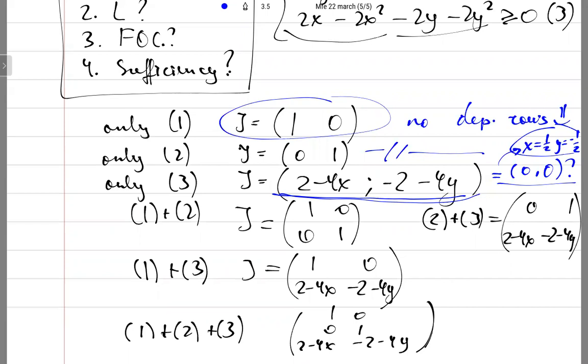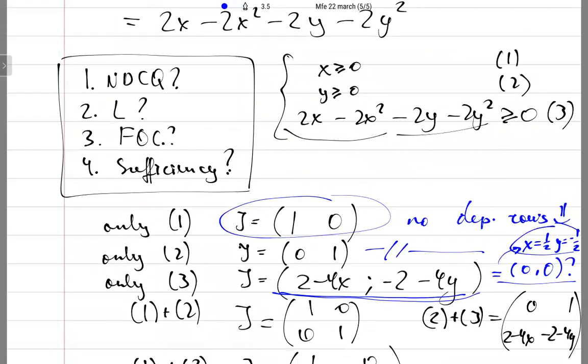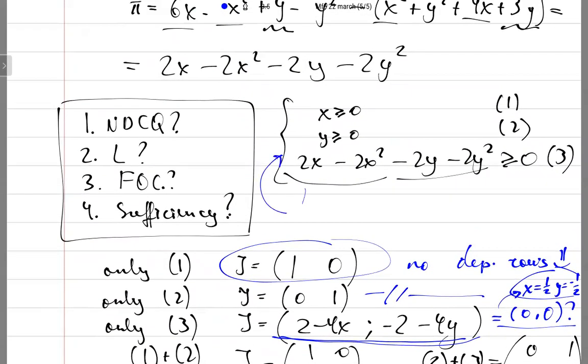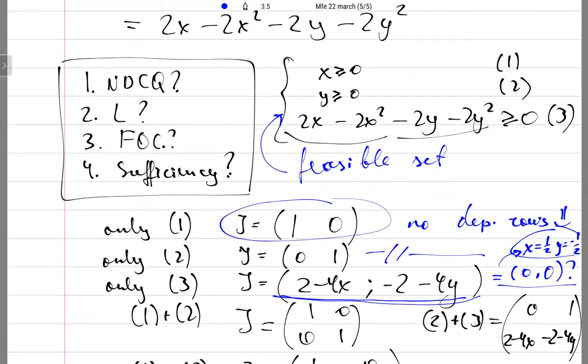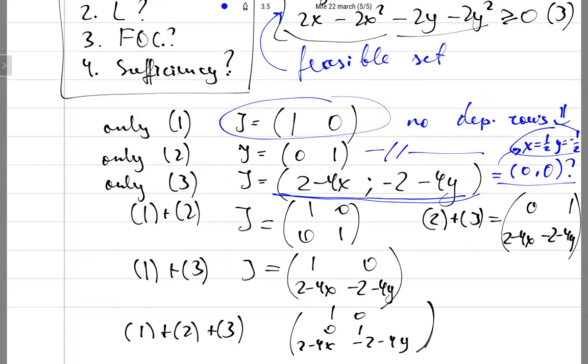There are no points where the third line is 0. Okay, I'm happy. This has rank 2, so that's not a problem.